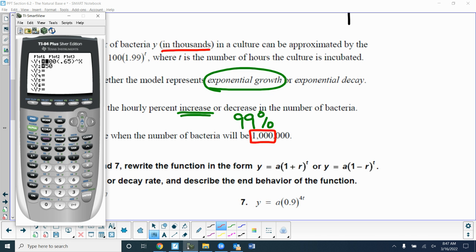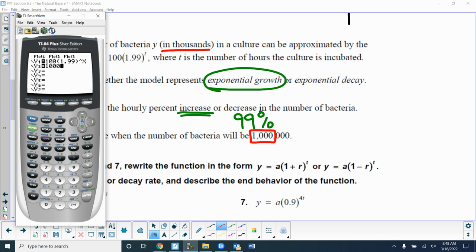So I have to put 2 equations in. What's my equation? 100 times 1.99 to the x, and then I want to make this 1,000. Okay, now for my window, let's think about this. All right, I want my y to be over 1,000 in my window, so I can see that y equals 1,000 line, right?